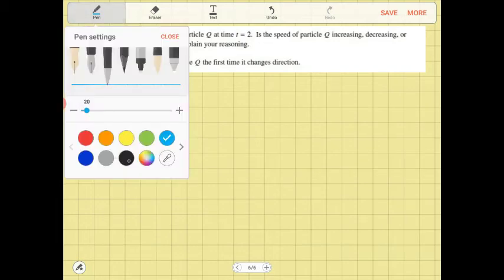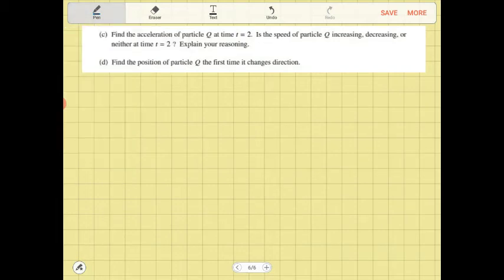Find the acceleration of particle Q at t equals 2. So for particle Q, we know the velocity, and then we want the acceleration. Remember that acceleration is the derivative of your velocity.